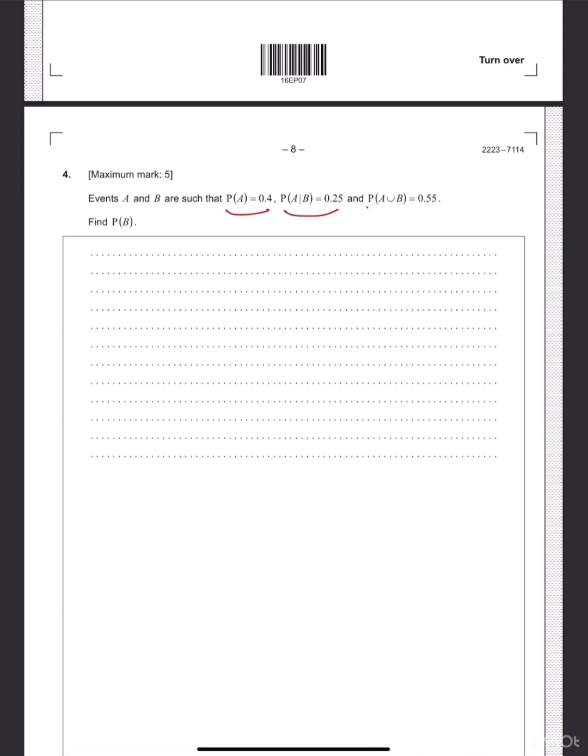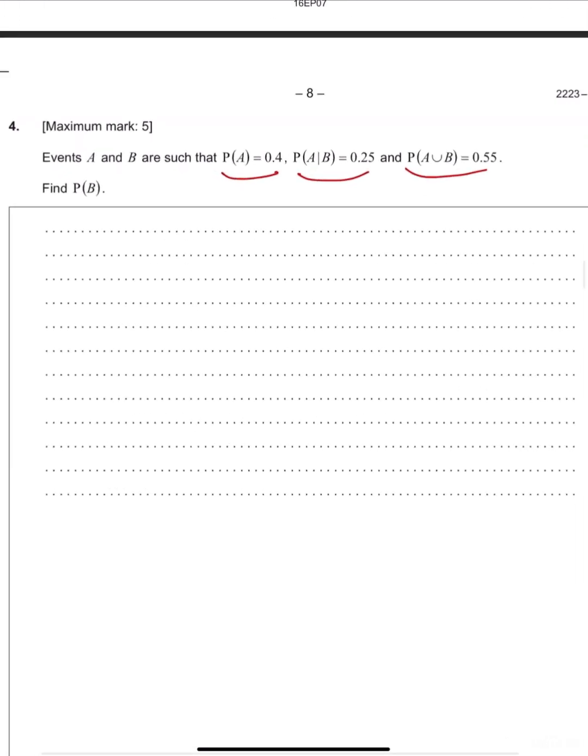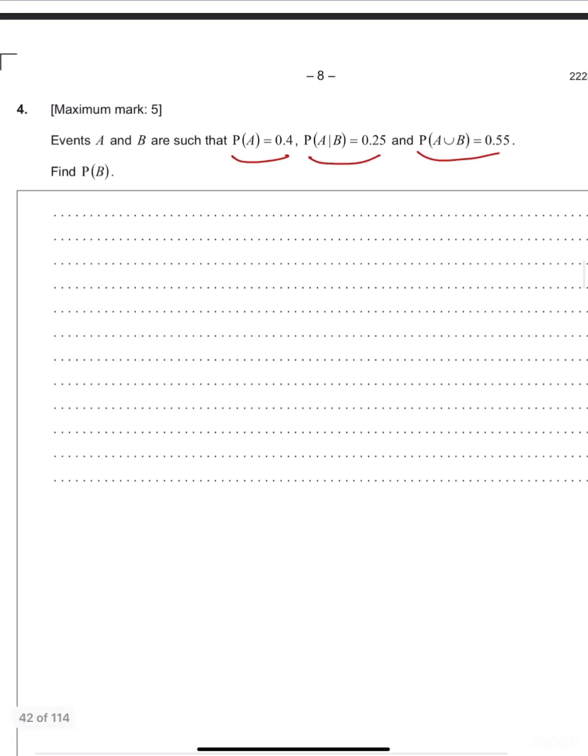So they gave us 0.55. Let's cook. How to find this?